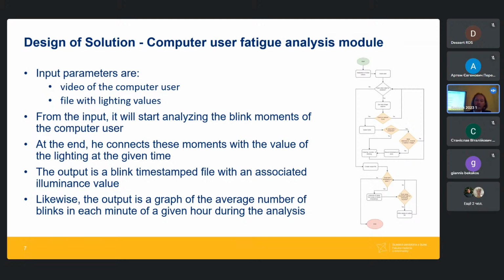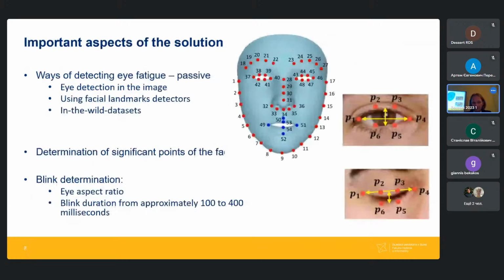The output is a file of blinking timestamps with the associated illumination value, and likewise a graph of the average number of blinks in each minute during these analyses.